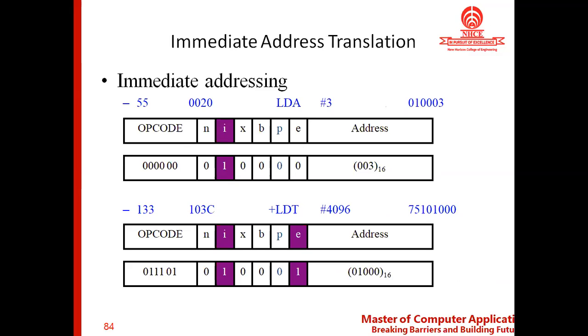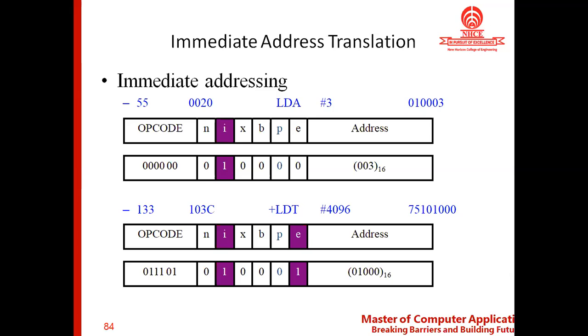The next example would be immediate addressing. In this, there are two cases we can see, LDA #3 and LDT #4096. In these two cases, we are using immediate addressing with a constant. The constant 3 and the constant 4096 are being used.